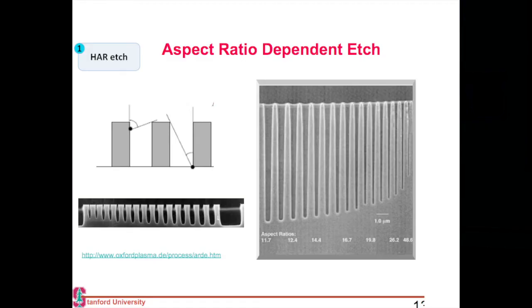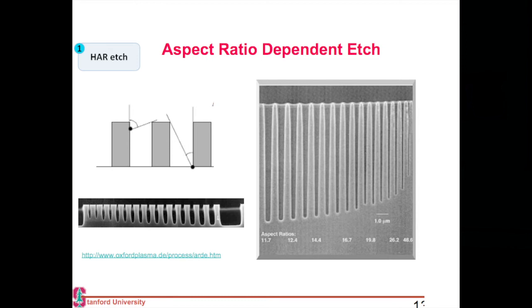This is shown over here. If you're at the very top, you get the flux from your plasma from a very high angle. If you have etched quite deep, you get the flux from a very limited angle. So this is a major problem when you are etching structures with high aspect ratio, and it causes this phenomenon called aspect ratio dependent etch.